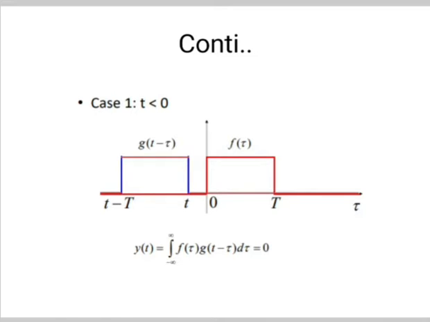Now next is case 1, that is, if t is less than 0. If t is less than 0, then the diagram is shown here. The function is y of t equal to the integration from minus infinity to infinity of f of tau g of t minus tau d tau, which is equal to 0.